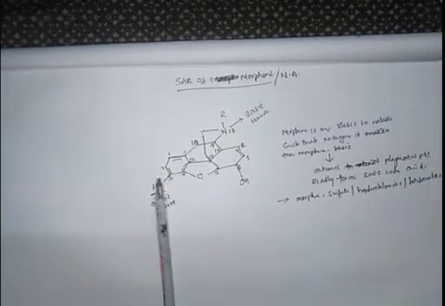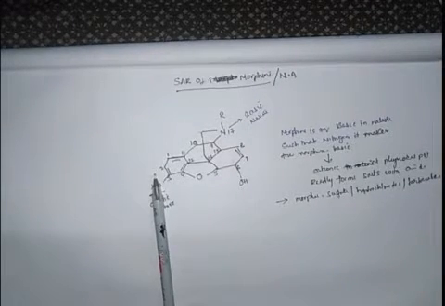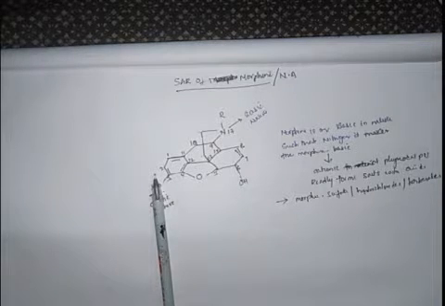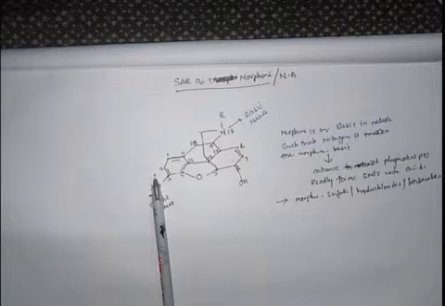As morphine is basic in nature, it generally exists as cationic at physiological pH, so it readily forms salts with acids. So morphine is generally formulated as morphine sulfate, hydrochloride or tartarate.